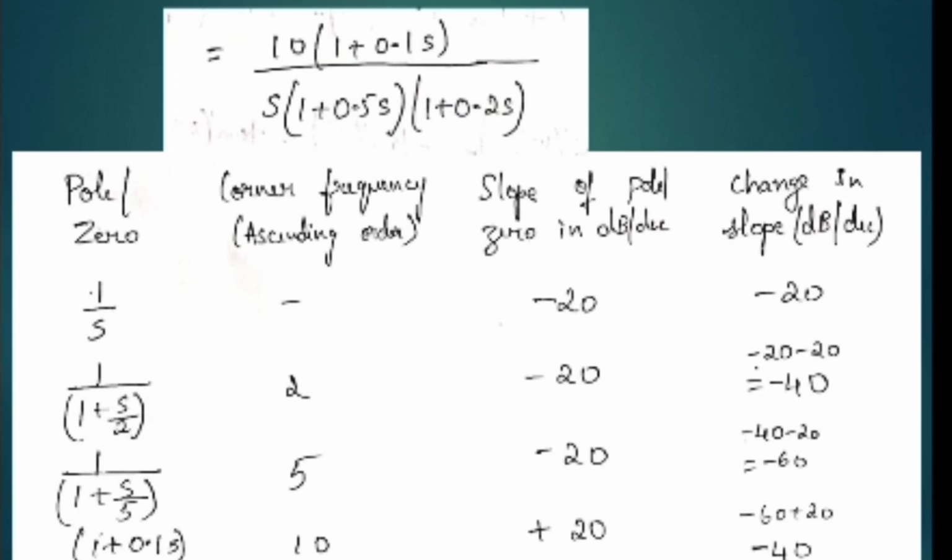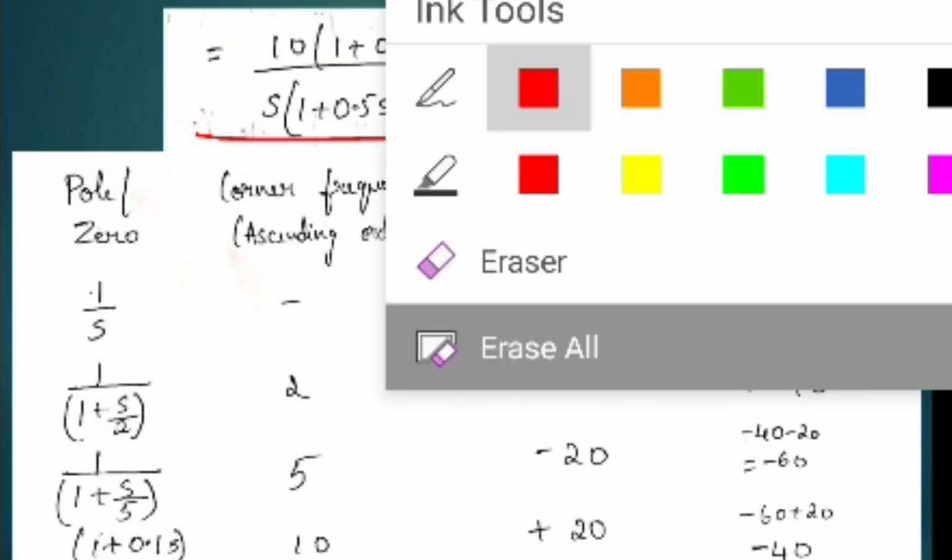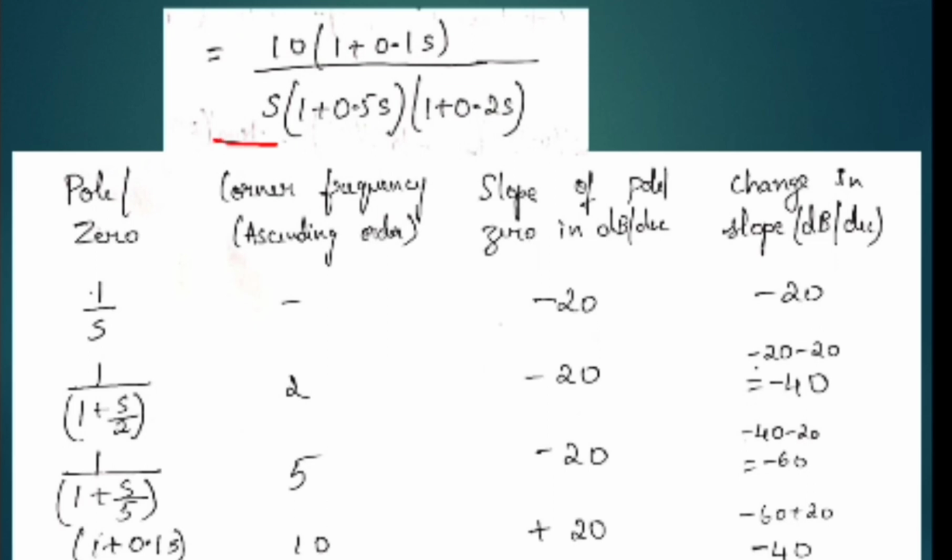Now that we know the starting magnitude and the corner frequencies, we need to find out the slope of the equations, that is poles as well as zero. Taking the first pole, that is 1 by s, as this is a pole, the slope will be minus 20 decibel per decade. So the total change in the slope will also be minus 20 decibel per decade.